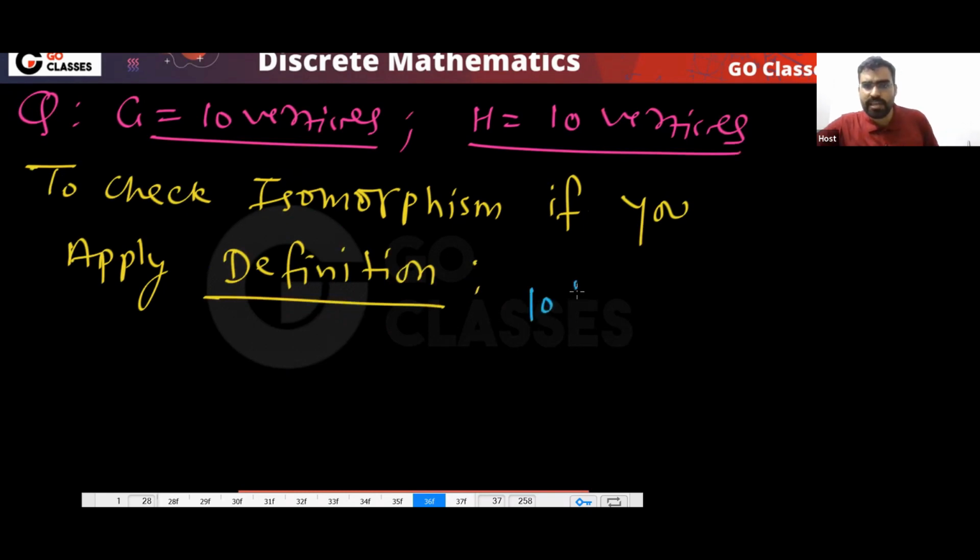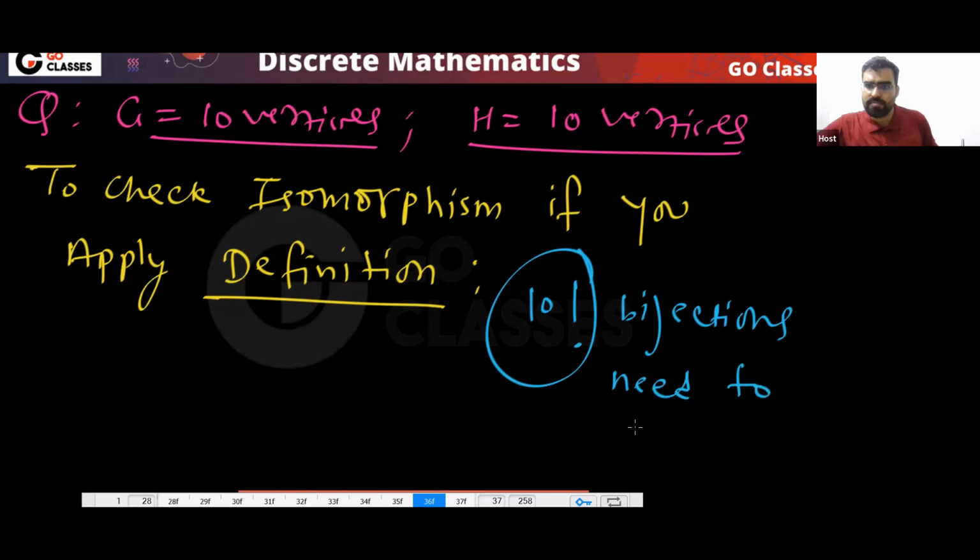Then you have to check 10 factorial bijections. First of all, 10 factorial bijections need to be checked. These many bijections we will have to check if you have 10 vertices, and this is a very huge value. This value is very big.